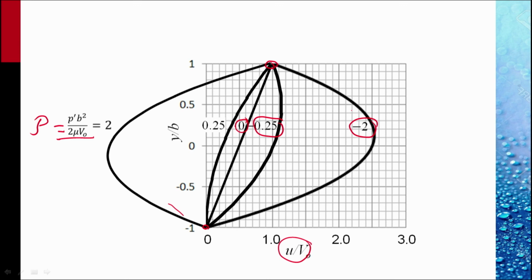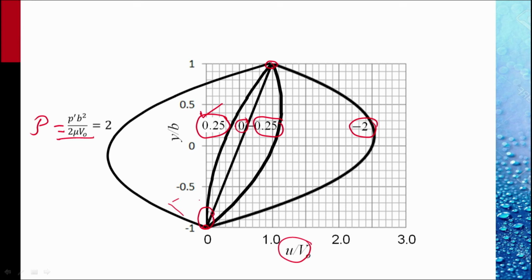For positive values of P prime, that is, for the pressure increasing in the downward direction, the profiles are shown on the left. This is for script P equal to 0.25. This is significant because at this value of the pressure gradient parameter, the slope of the velocity profile at the lower plate is 0.